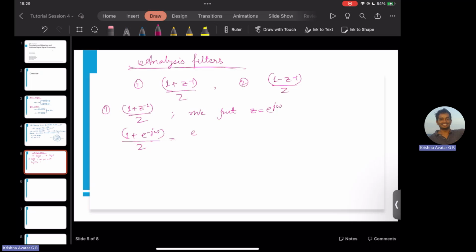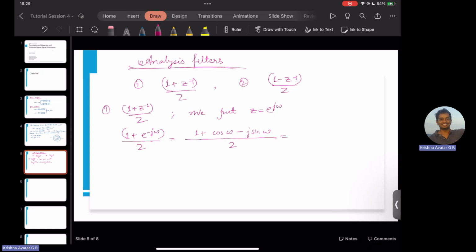The other way could have been to say you have 1 plus e to the power minus j omega, and from Euler's formula, you have cos omega minus j sine omega, divided by 2.